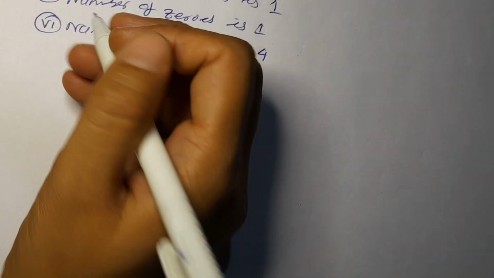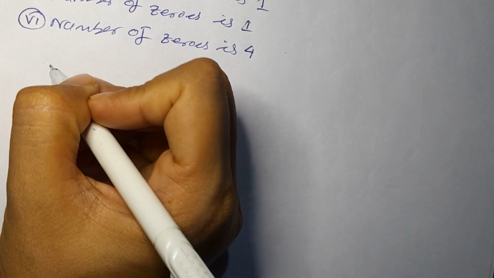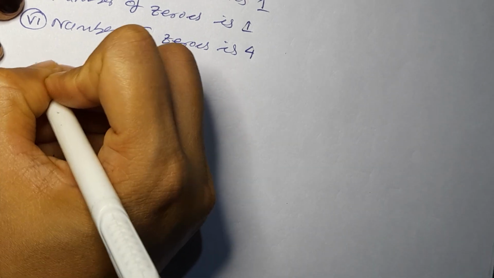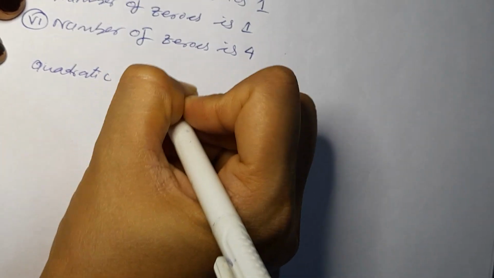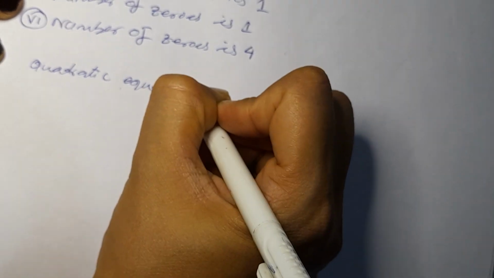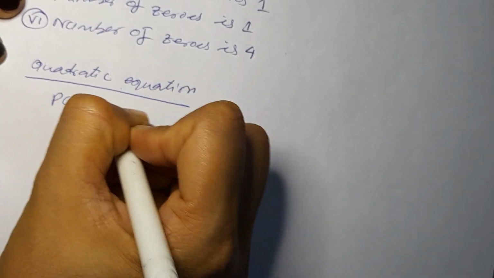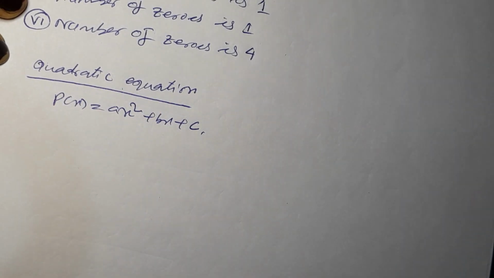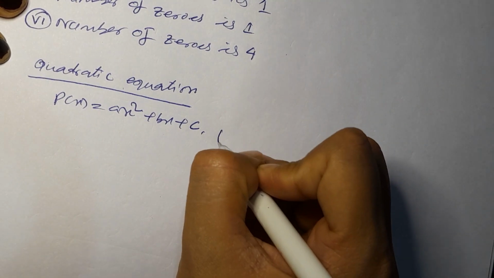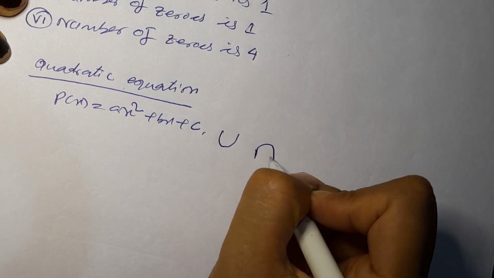Another piece of information: we know that a quadratic equation, that is p of x equal to ax squared plus bx plus c, whenever it is plotted on a graph, always has a parabolic shape. This is a parabolic shape and this is also a parabolic shape. One is upward, one is downward.